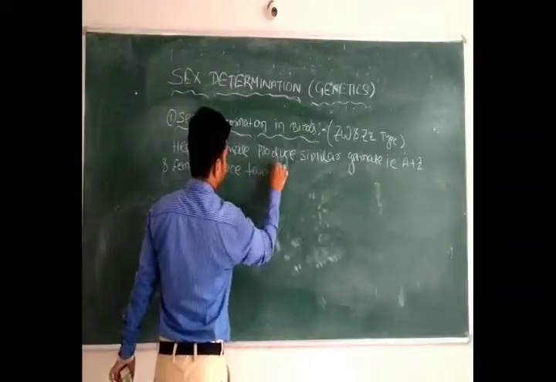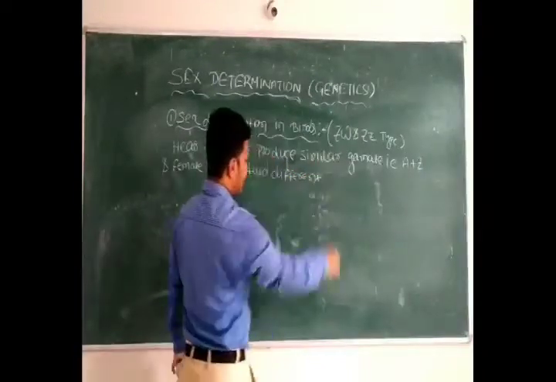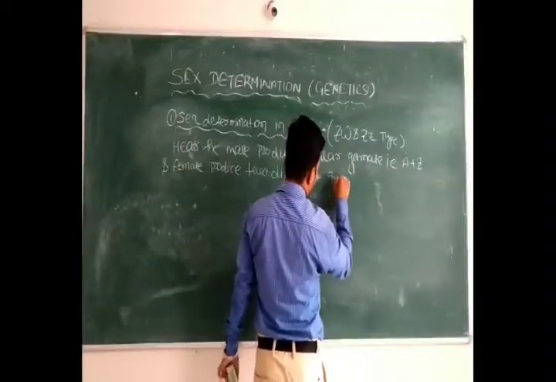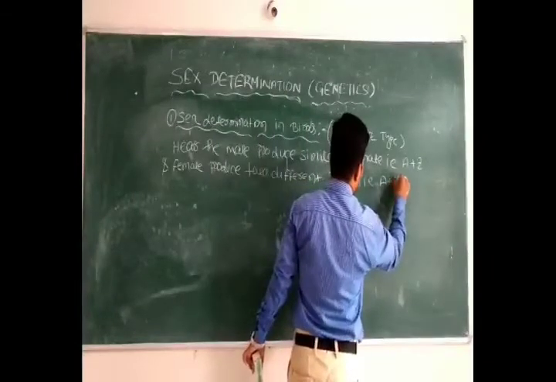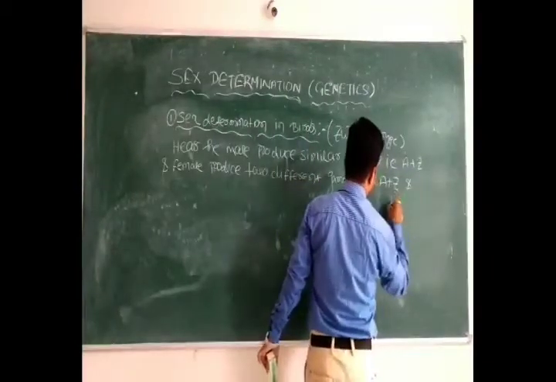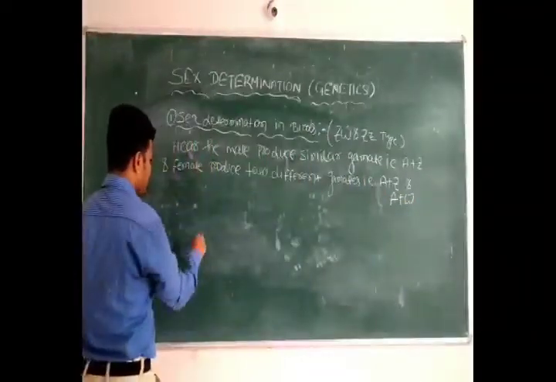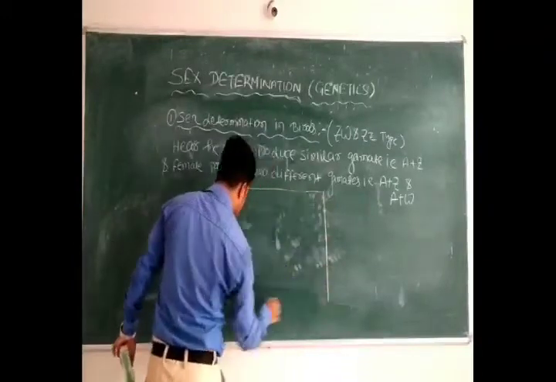And the female produce two different gametes, that is A plus Z and A plus W. Okay, now we draw a table, pedigree analysis we can draw.